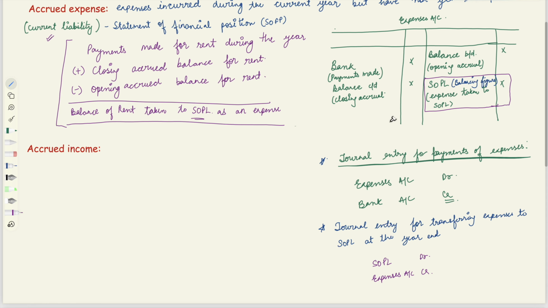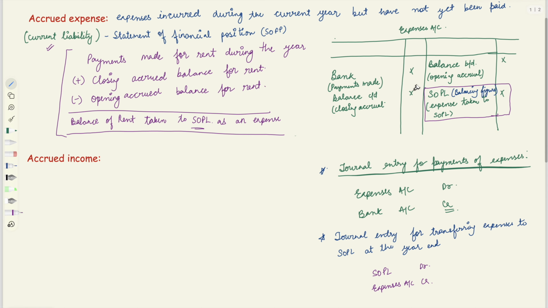Usually this is the case that we are given the payments made, and we are given the opening and closing accruals. You have to find the balance that you will be taking to your statement of profit or loss. Usually we also have sometimes accrued incomes, or sorry, accrued expenses and prepaid expenses. So we need to take account of prepaid expenses as well. We're going to learn that a little bit later, but this is all for our accrued expenses.